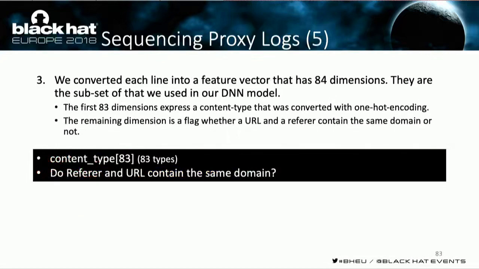Finally, we converted each line into a feature vector that has 84 dimensions. The first 83 dimensions express a content type that was converted with one hot encoding. And the remaining dimension is a flag if a URL and a referrer contain the same domain or not.